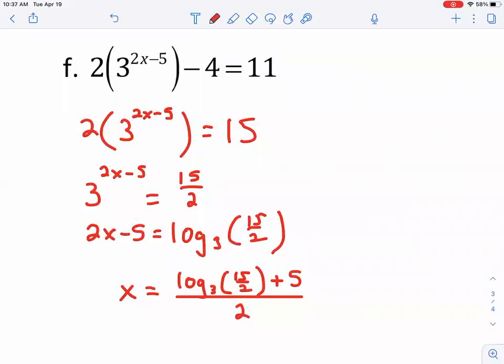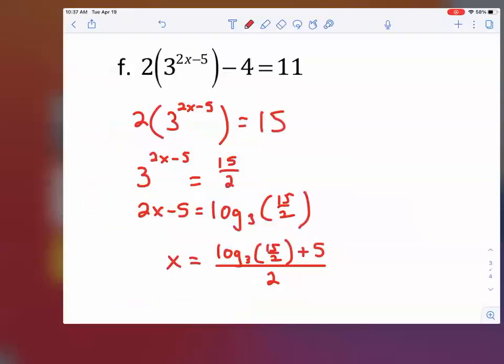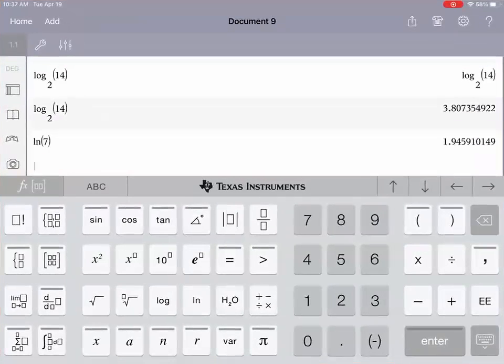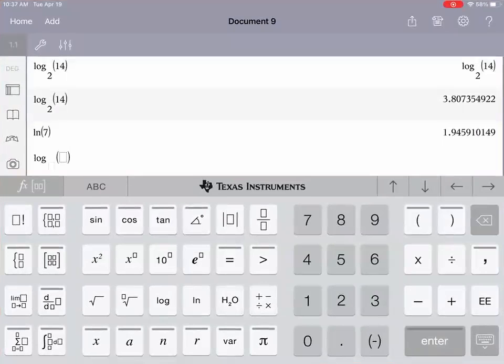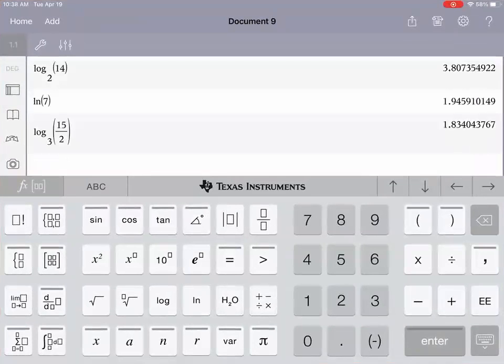So I've got log base 3 of 15 over 2 plus 5 over 2. Now I can do this a couple ways. I could type the whole thing in, or I could get my decimal approximation of this.